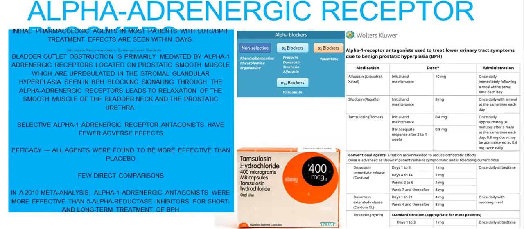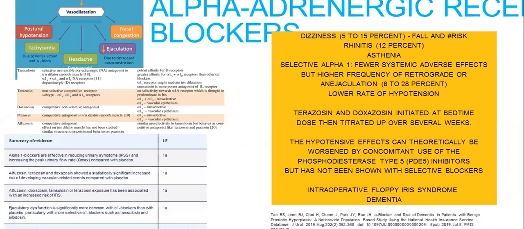Moving on to other side effects, just to note the intraoperative floppy iris syndrome. Tamsulosin was the one that was most associated with floppy iris syndrome, which is a surgical condition associated with cataract surgery.